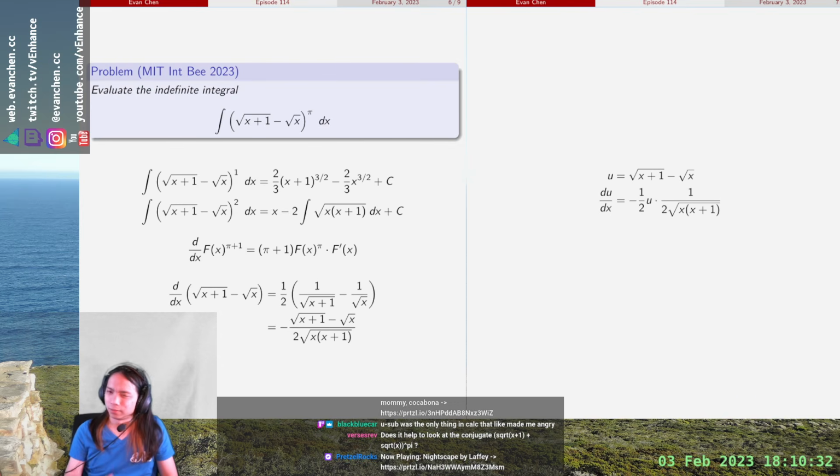On the other hand, u squared is equal to 1 minus 2 root x plus 1 times root x, something like that. So this thing here is also equal to... sorry, I have an extra 2.